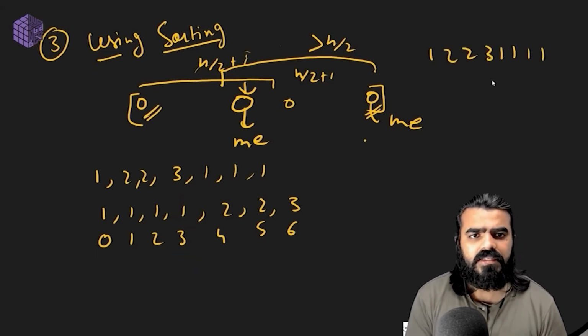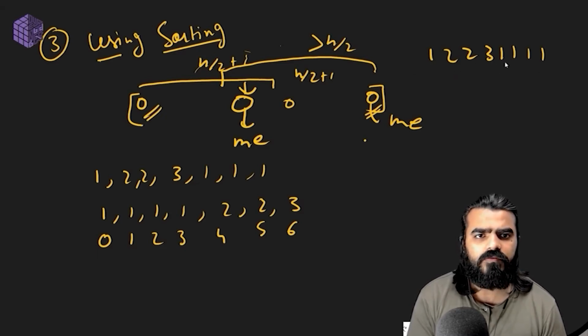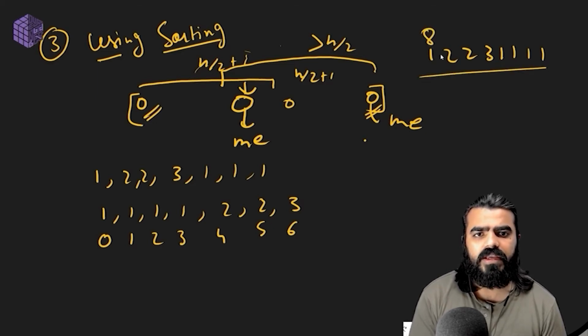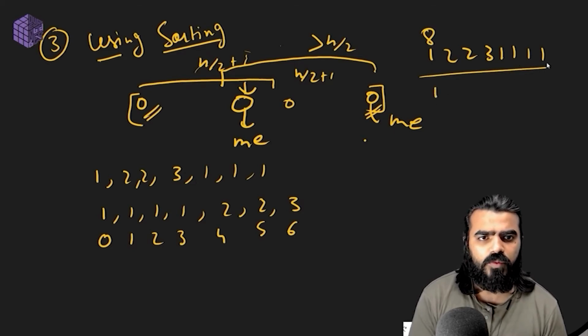And if we take an example of an even number of elements in the array also, like in this case we have 1 2 3 4 5 6 7 8 elements. 8 elements we have over here, and we want to say that if we sort this out, we should have 5 or more elements in the majority, right? 5 or more. So 1 2 3 4 5 2 2 and 3.